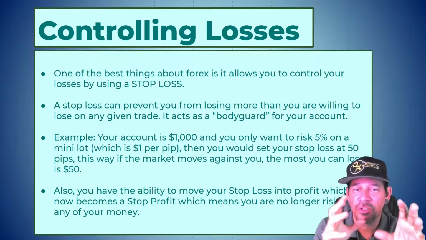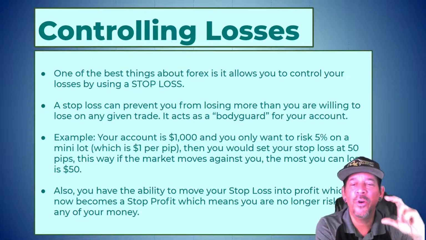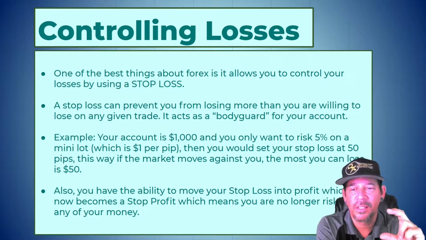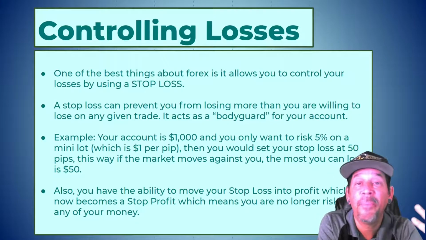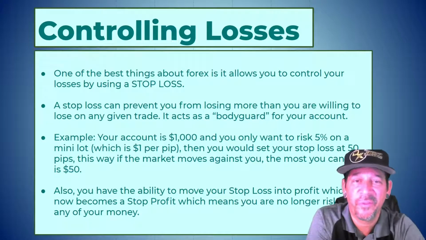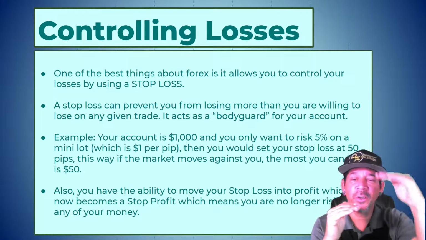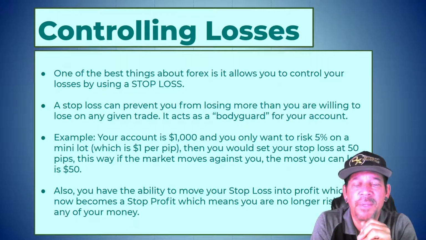You don't have to close the trade. You can modify your trade and move your stop loss into profit, let's say 5 pips, 10 pips. Remember, the market is 25 pips in your favor, so you can move your stop loss up to, let's say, 10 pips in profit.